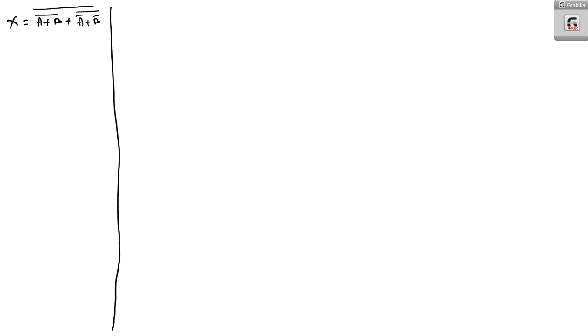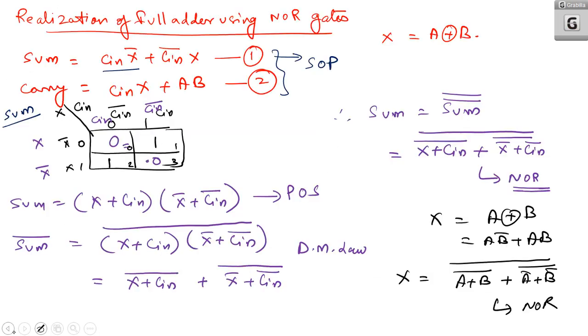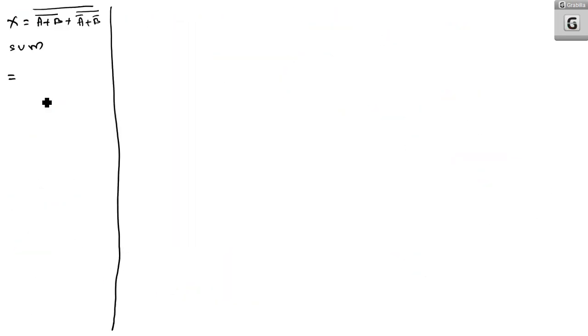Okay. So that is X. Now what is sum? Sum is equal to H or Cin bar or H bar or Cin bar, the whole bar. That is sum.